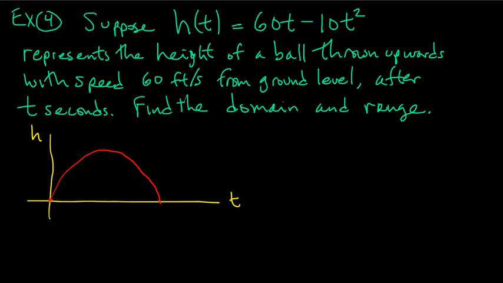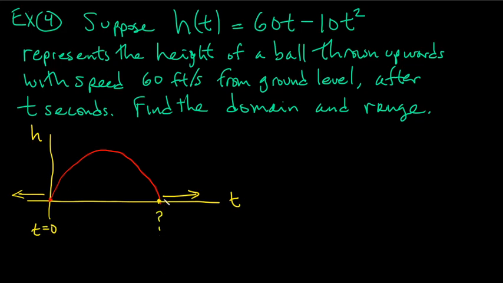So clearly, we're not concerned with what happened before we threw the ball, when t was negative. And we're not concerned with what happens after the ball lands. After all, once it lands, it's on the ground here, and that's it. So we can stop our clock at that point. So we're starting at t equals 0, and we're ending at some other time here.